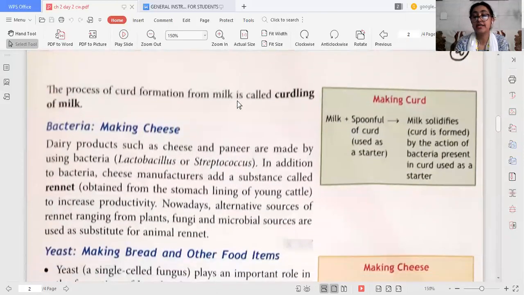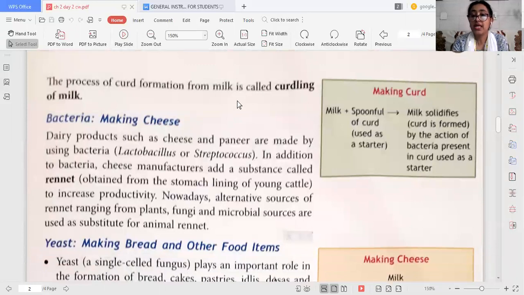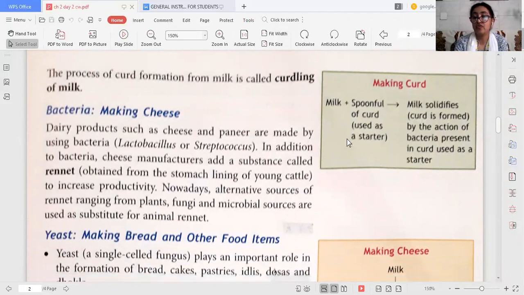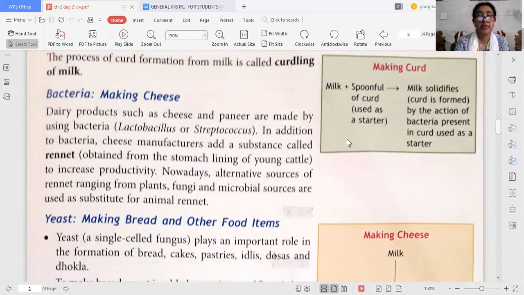Now you can see here in the box: milk plus a spoonful of curd used as a starter. It solidifies the milk, and by the action of bacteria, curd is made. How? The lactose changes into lactic acid. Second, bacteria are used in making cheese.